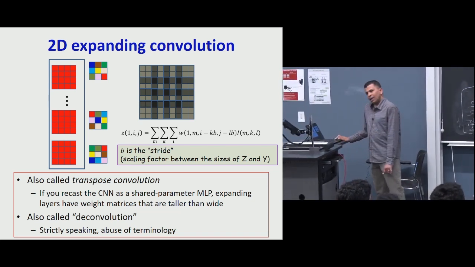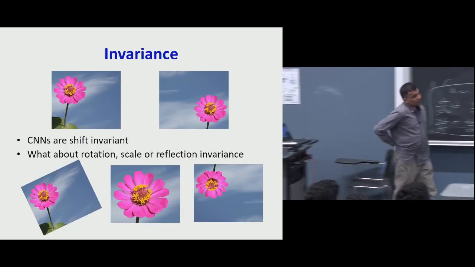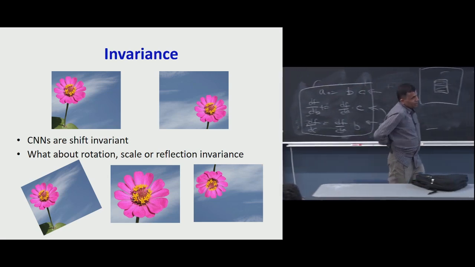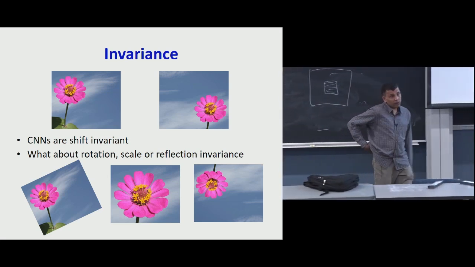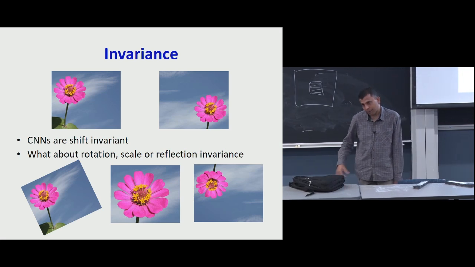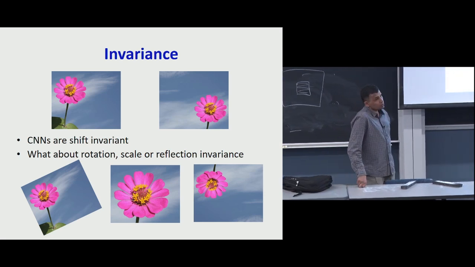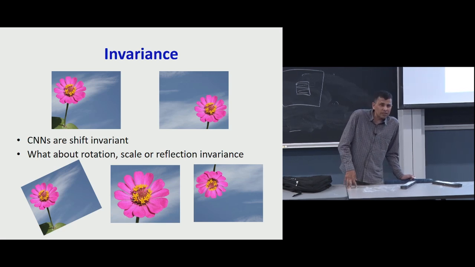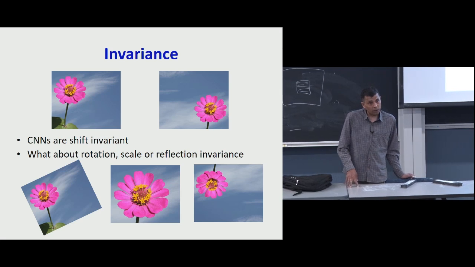Okay. Now, what a CNN really gives you is shift invariance, right? So you want to say, I want to find a flower regardless of the location of the flower. That's what we started this whole series of lectures with. But now I want more invariance, right? I want to find the flower not just regardless of the position, but also regardless of the size of the flower.